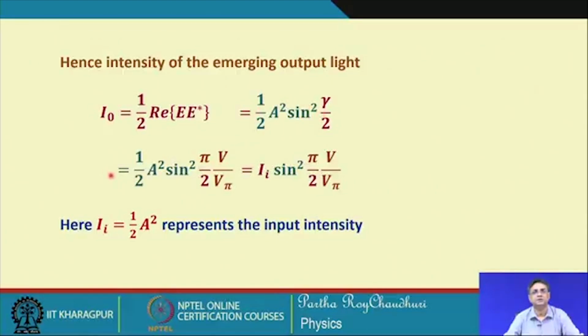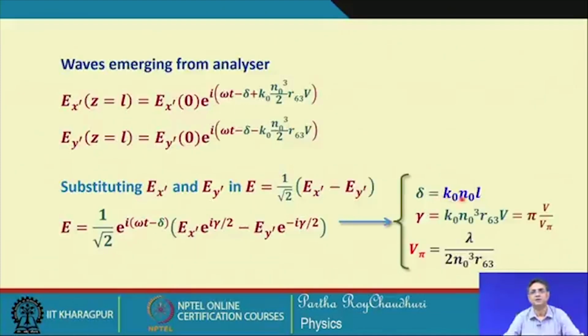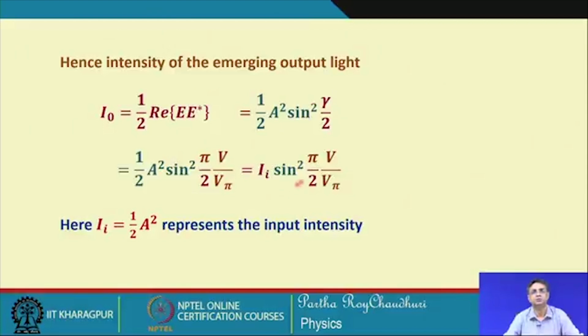Now, this gamma we can replace by using this factor gamma equal to pi V by V pi. So, we have just used that pi V by V pi and there is a factor of 2. So, that comes here. Therefore, you can write this output intensity I0 in terms of the input intensity and this sin square of the phase factor.